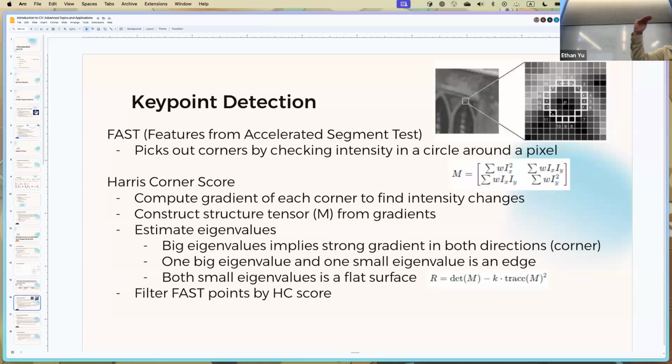If we move against the edge, then we have a big intensity change, so that's a big eigenvalue. But if we're moving along the edge, then we'll have a small eigenvalue change. And obviously, if both eigenvalues are small, that probably just means we're on a flat surface. So that means we can filter out our features by calculating this Harris corner score.